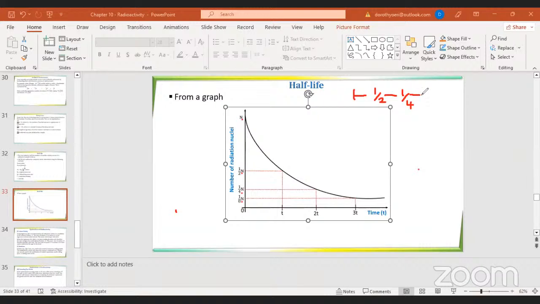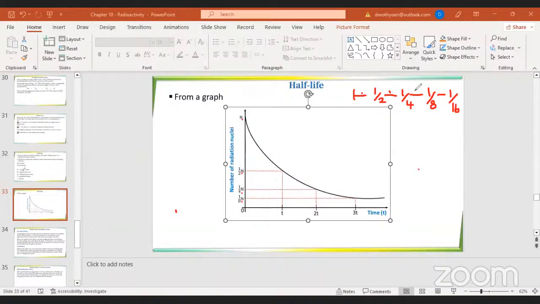Half of a quarter? An eighth. Half of an eighth? A sixteenth. And you continue like that. All these are half-lives, this is another half-life, like that.